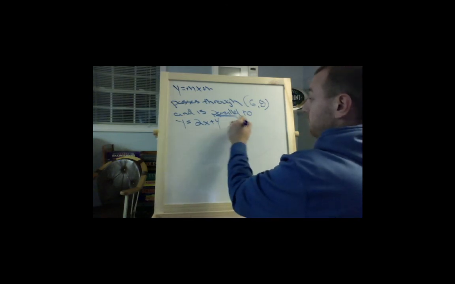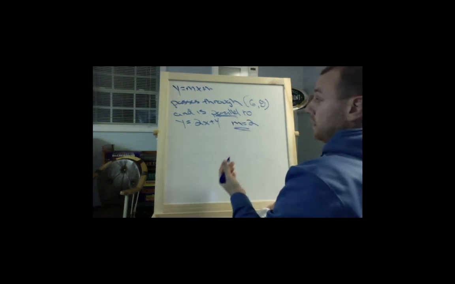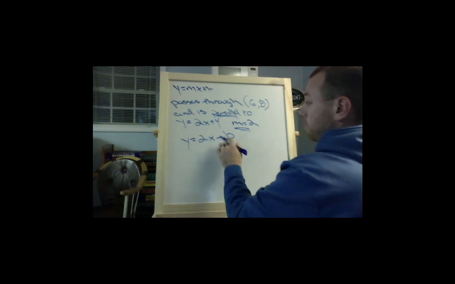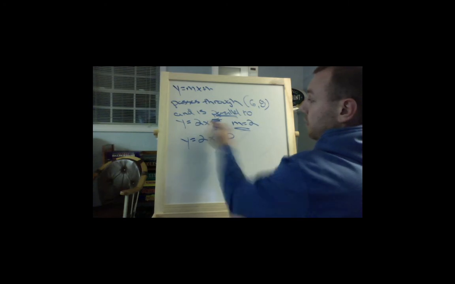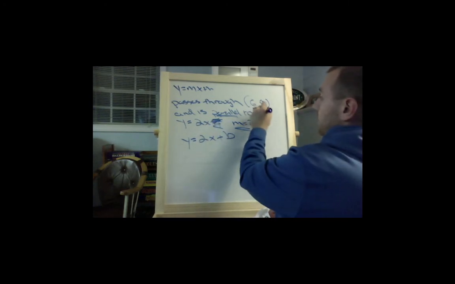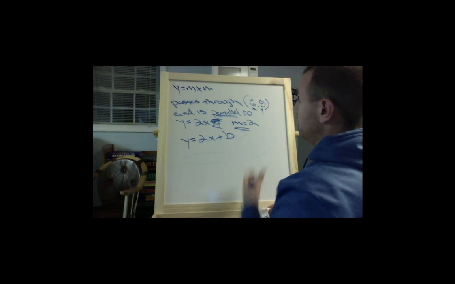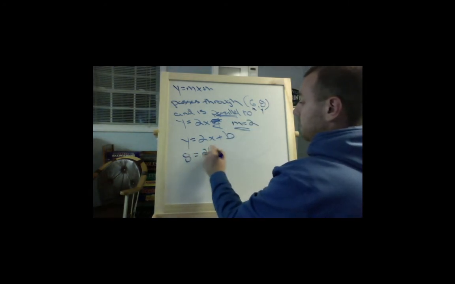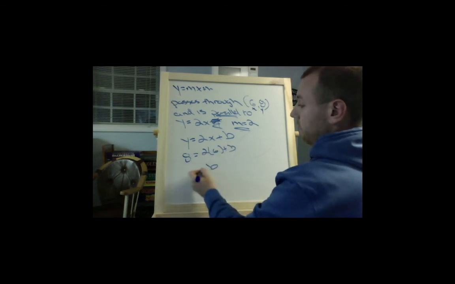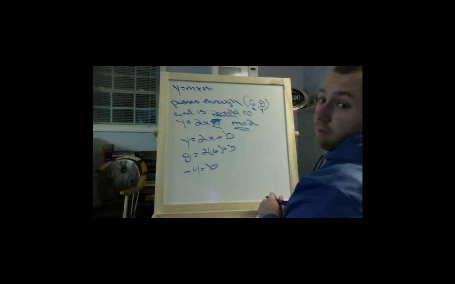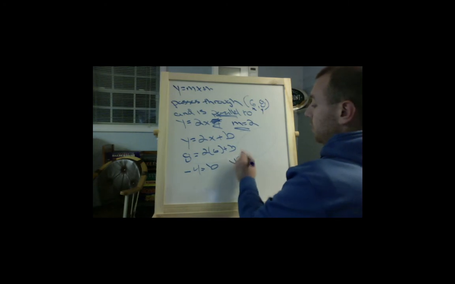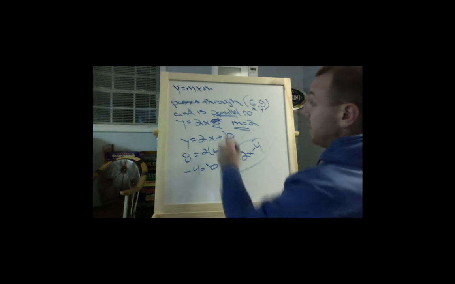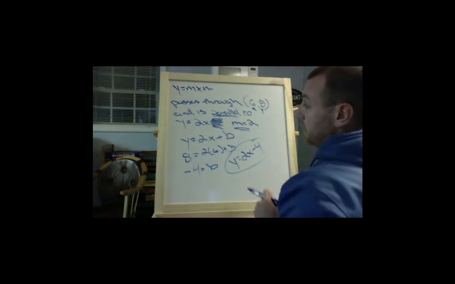So m here is 2. I keep it the same: 2x plus b. I don't care about this 4. I cross it out. And then I just use my points the same way. I plug it in: 8 equals 2 times 6 plus b. I solve. B ends up being -4 in this case. So my new equation is this. The biggest thing is that I ignore the b that was there.